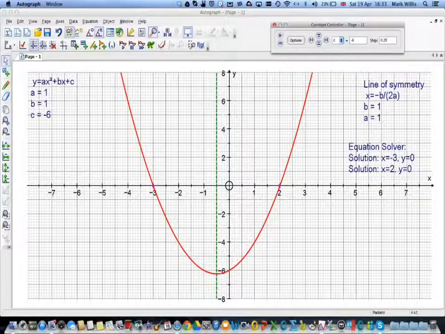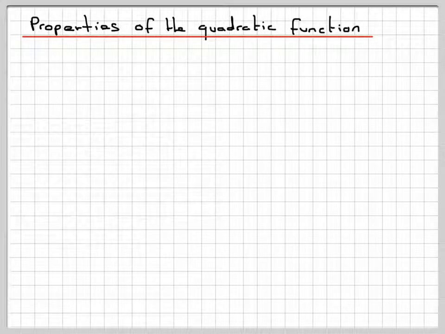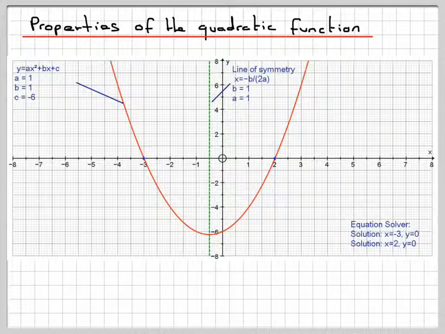So this is the case where we have the graph of y is equal to x squared plus x minus 6. Notice that the roots, as we move them, this distance is always the same as this distance. Here is a screenshot of what I've just done.